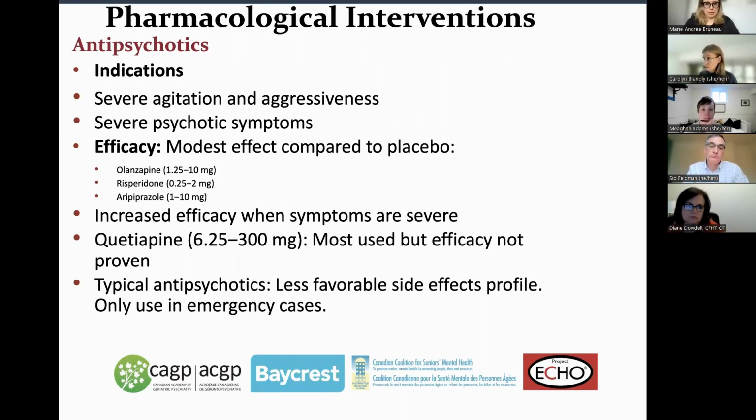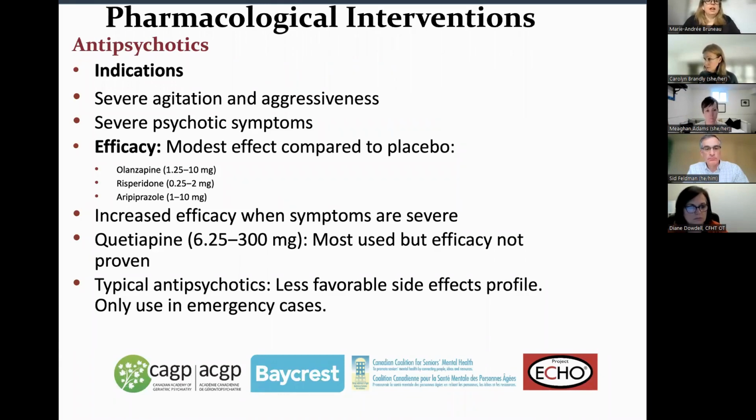You see that these are very low doses compared to those that we give to schizophrenic patients, for example. They have an increased efficacy when symptoms are severe, which is good since it's the indication for which they should be prescribed. Quetiapine is still the most used, but there's no proven efficacy for those symptoms.